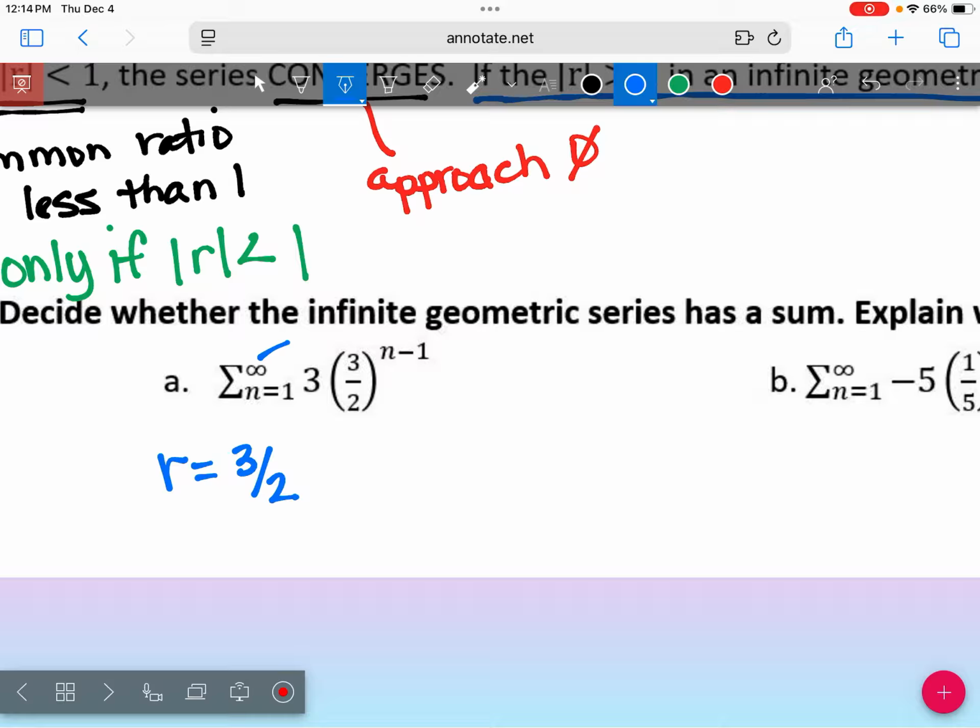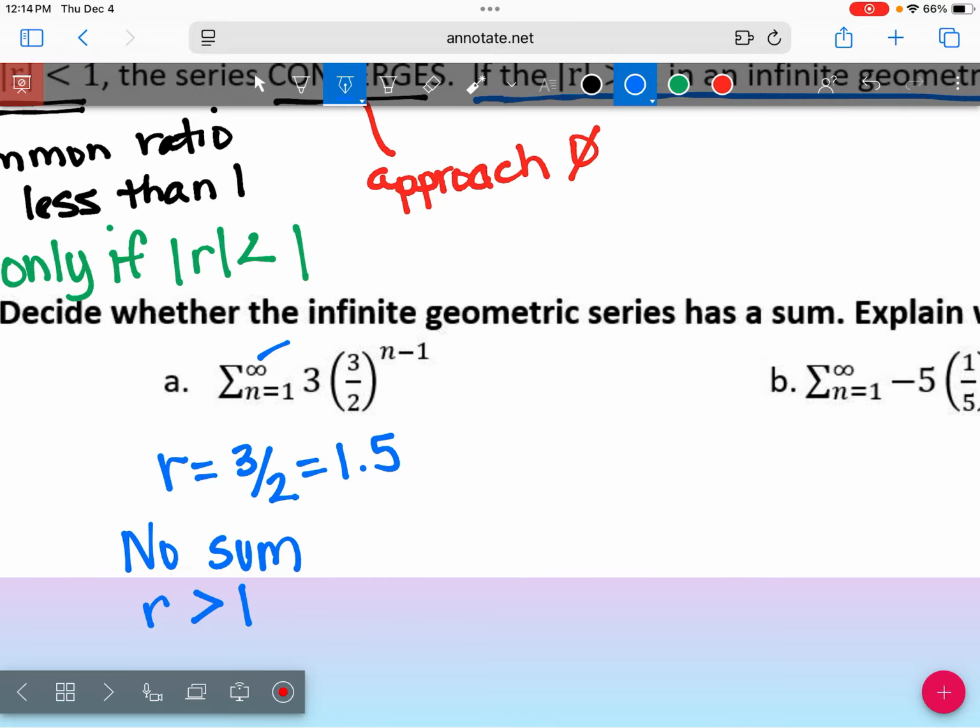Anytime the top number is bigger than the bottom number, it is greater. This is the same as saying 1.5. So because r is 1.5, this has no sum. R is bigger than 1. You cannot use a formula. The answer is NA.